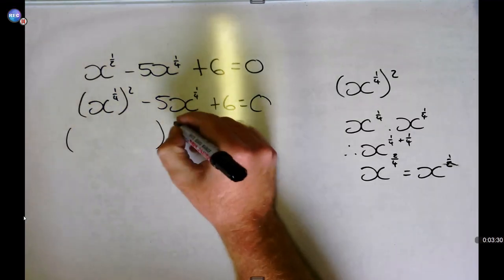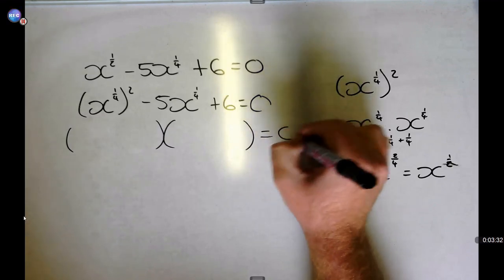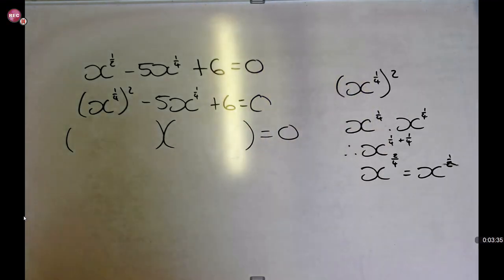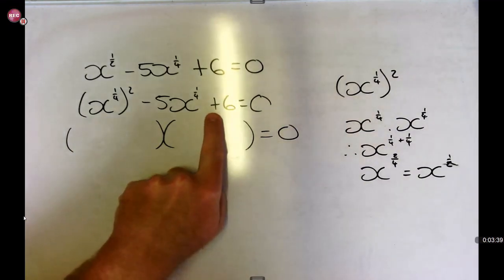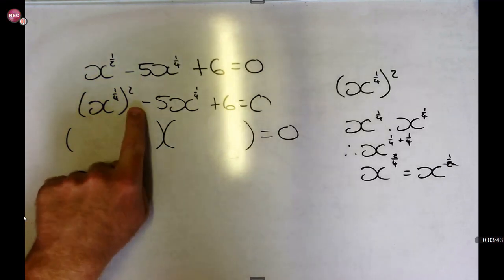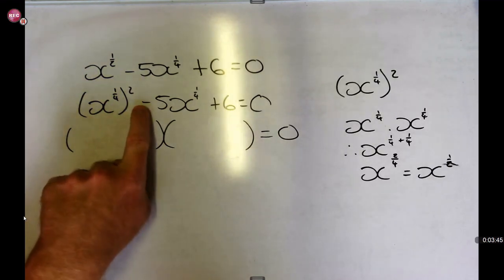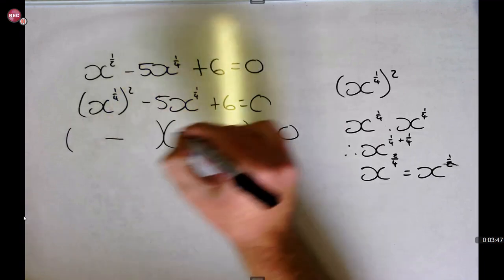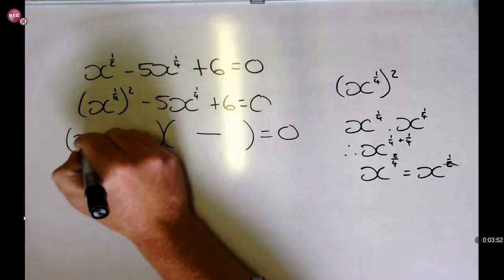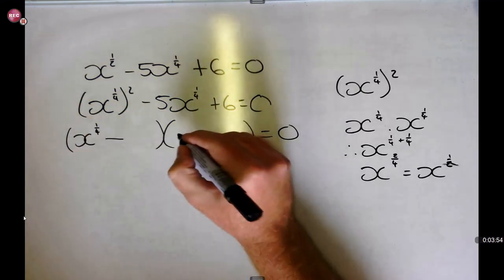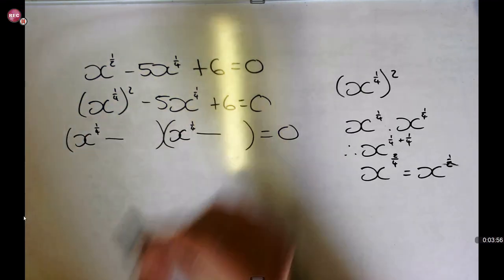Two brackets. And if you know how to do trinomial factorization, you need to know that you look at the last sign. If the last sign is positive, then you revert back to the first one. And then both the brackets will have the first sign. So negative, negative. Okay? In our brackets, we'll have x to the power of a quarter there, x to the power of a quarter over here.